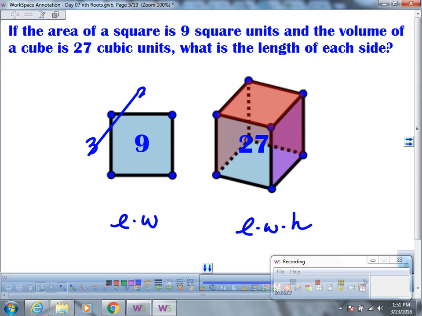Because the root of 9 is 3, right? That's how you get a square. 3 times 3 is 9. So what is the root of the cube? 3 by 3 by 3, correct? Everybody with me? Okay.